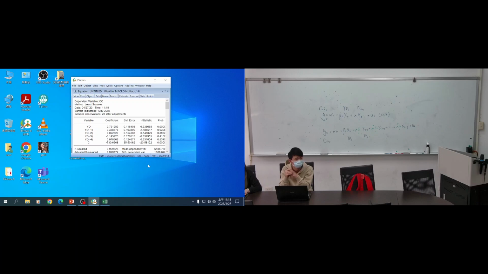C is constant. But the result seems to be different from our textbook. What do you have? It is different, right? Do you have the same answer as mine?